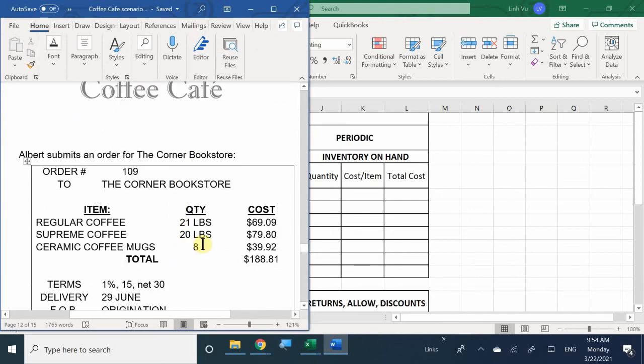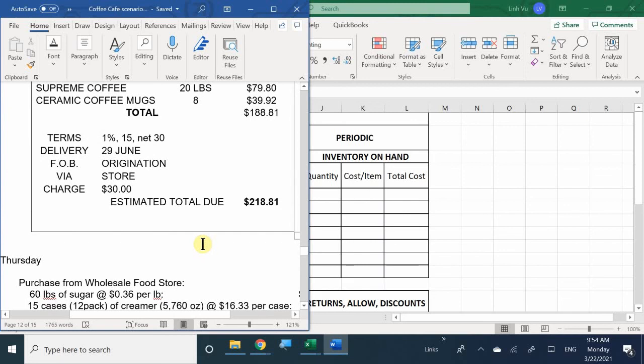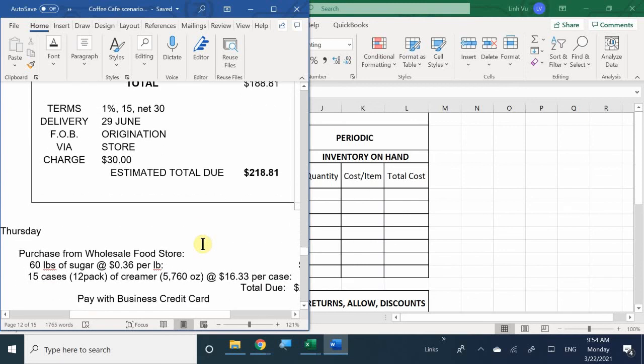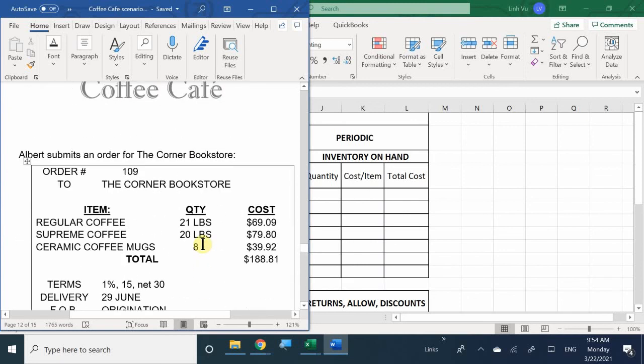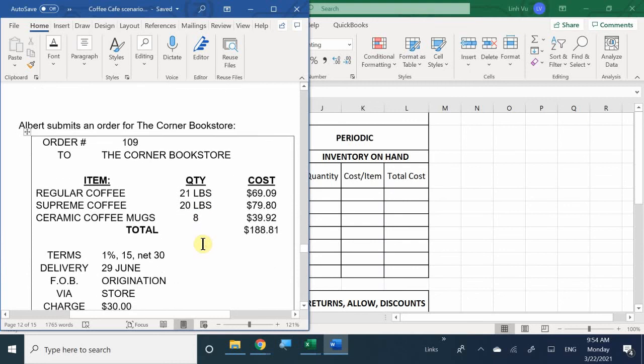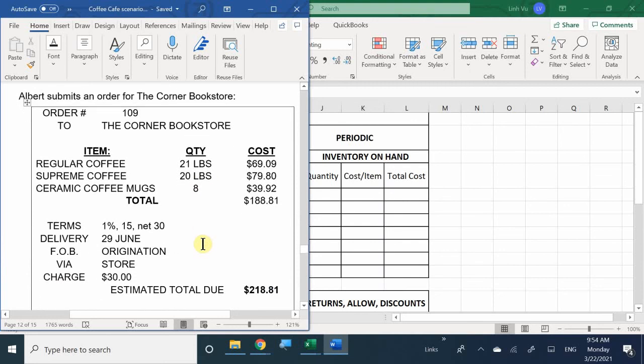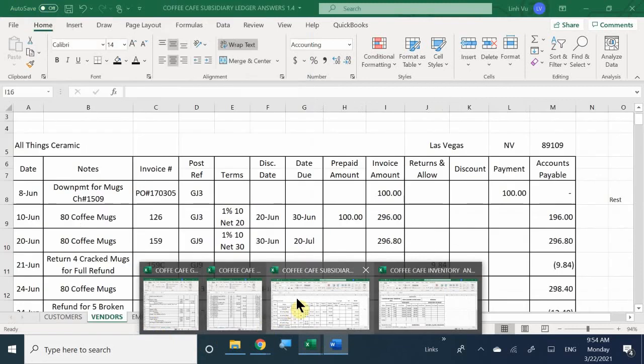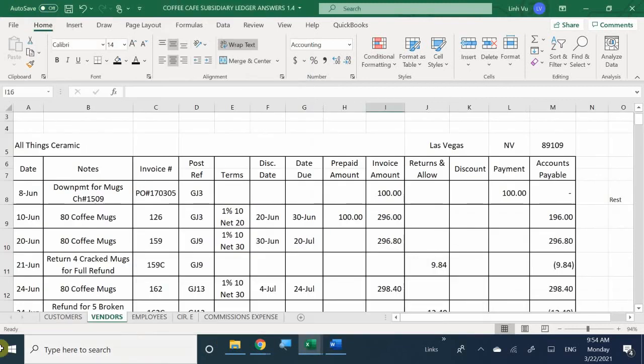All right, let's go ahead and do this last one and then we'll take a break. So here, what happened here? Albert submits an order. Albert submits another order. Okay. Albert submits another order. So where do we need to go? Sales worksheets on the commissions. Yes.